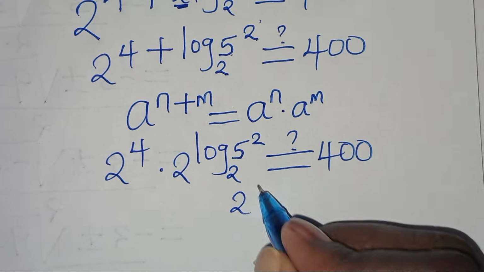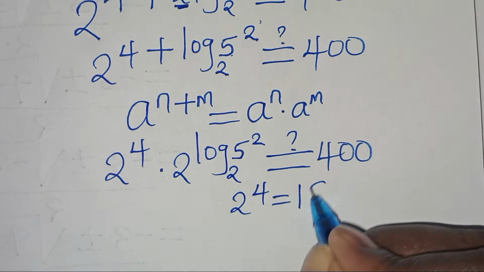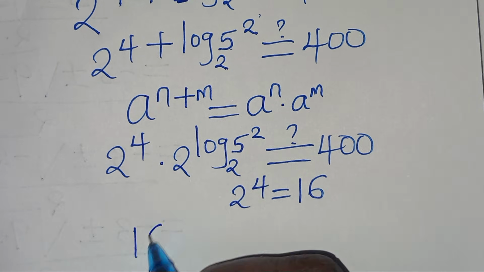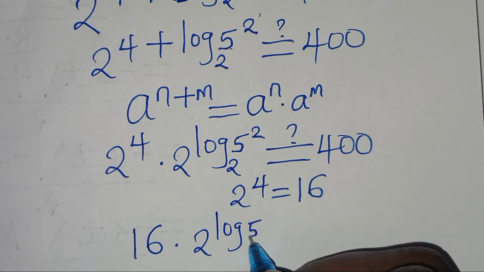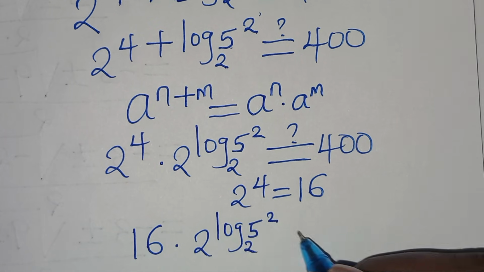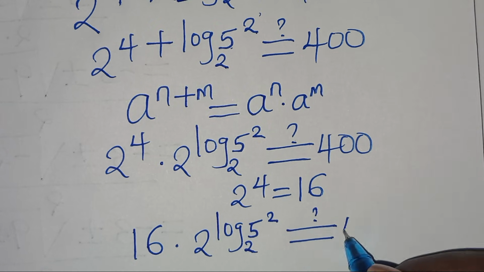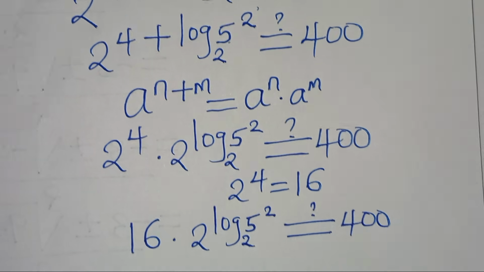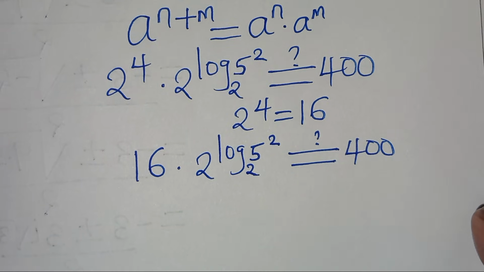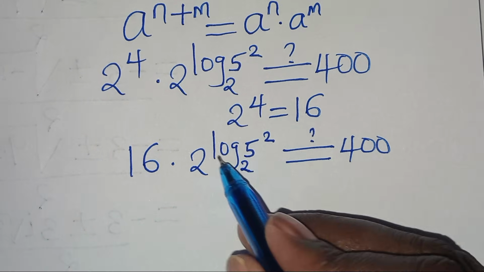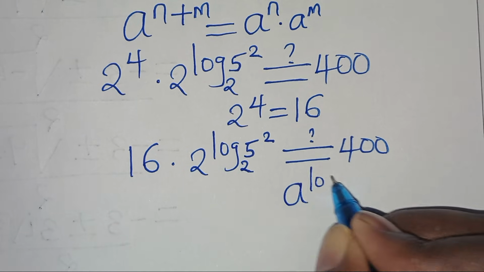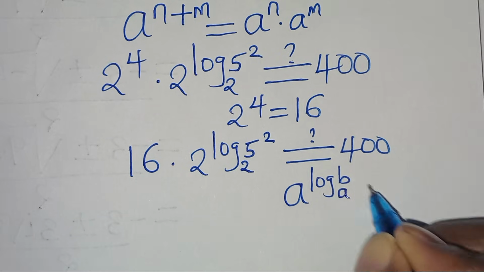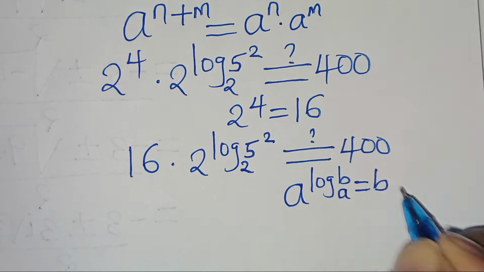2 to the power of 4 is the same thing as 16. So we have 16 multiplied by 2 to the power of log 5 squared to base 2. This is supposed to give us a value of 400. Now, 2 to the power of log 5 squared to base 2 is in the form of a to the power of log b to base a, and this should give us a value of b.